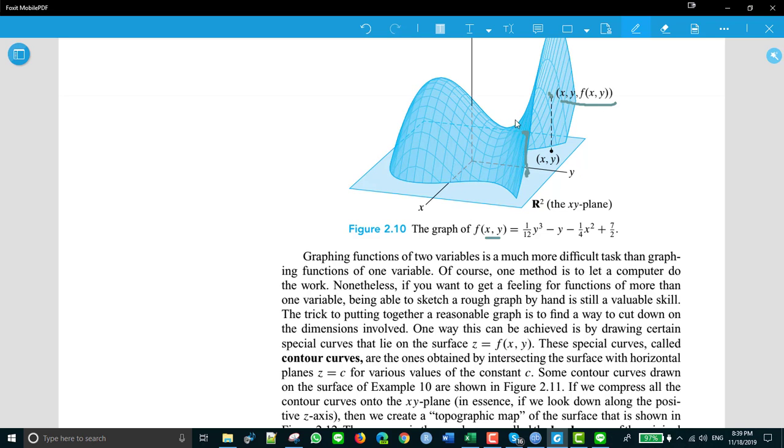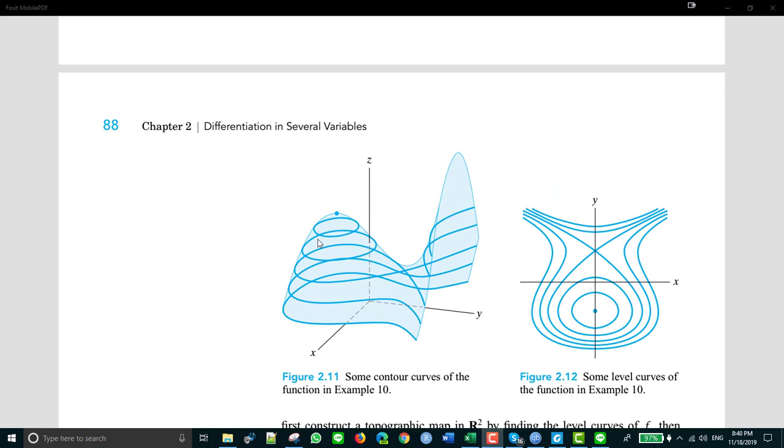So we want some special curves that lie on this surface. These special curves are called contour curves. And they're the ones that are obtained by intersecting the surface with horizontal planes z equals c. So what does that look like? Here's a kind of picture.